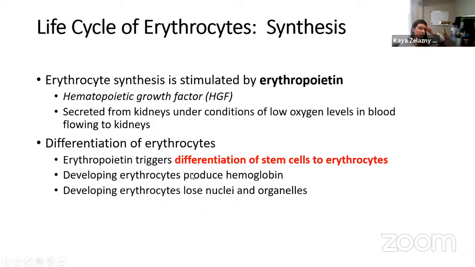So the hemoglobin is made first. You have a sort of normal looking cell, and then it loses the nucleus and organelles. It doesn't start out that way. By the time we call it an erythrocyte, it has lost those nuclei and organelles, but earlier steps in the process have their own different names while it's producing that hemoglobin.